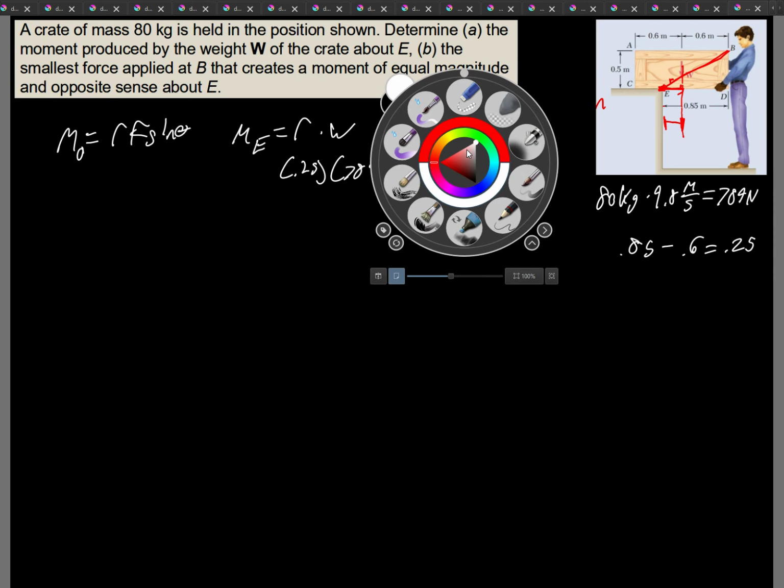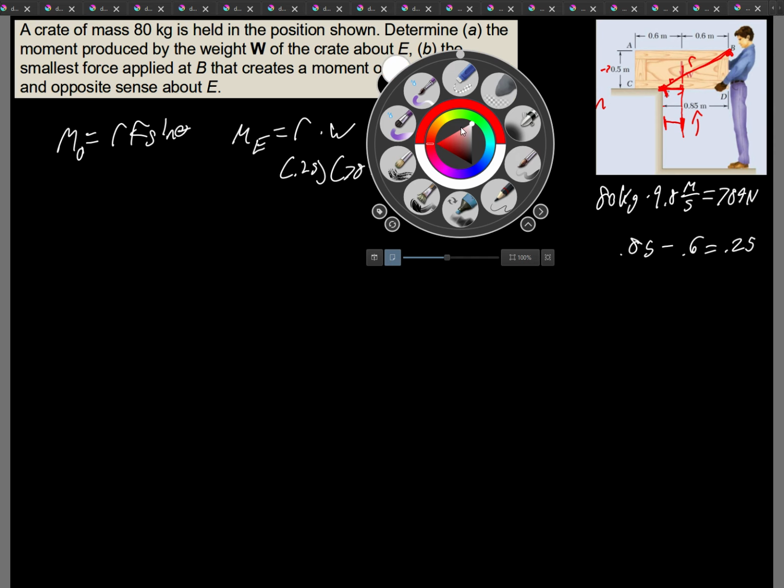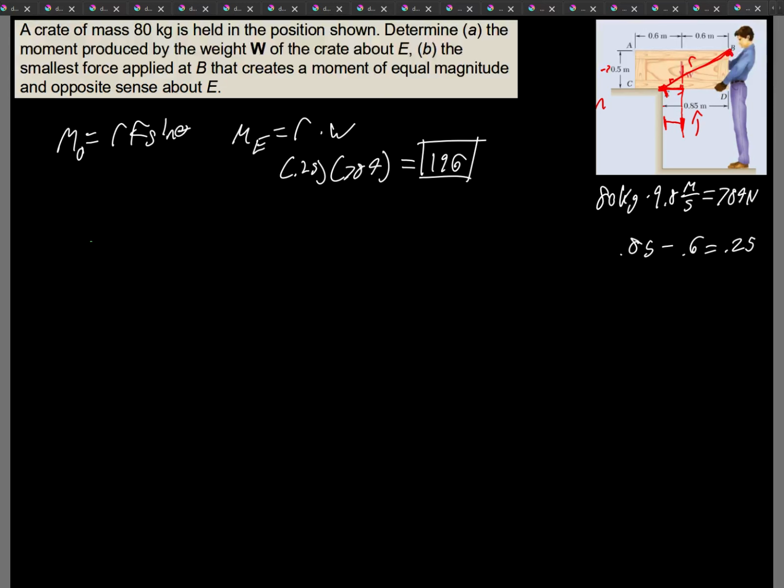So we are judging this about this point B to this point E. So we need to find this R, which is going to be the height of 0.5 here and the length of 0.85 here. So this is A, and this is part B.